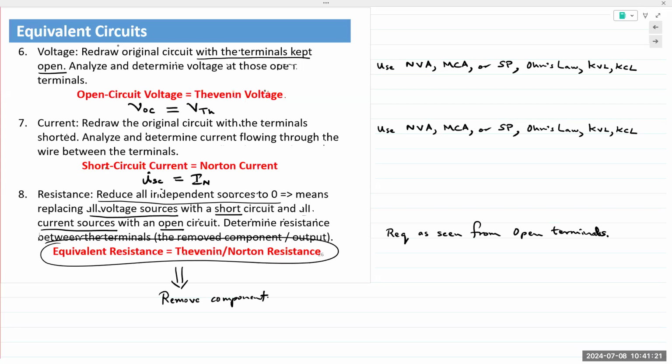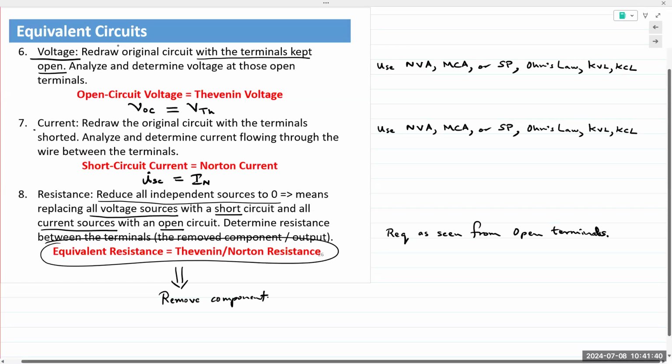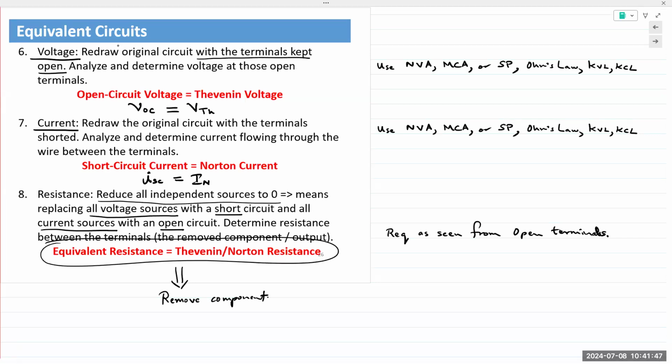Then when you try to find Thevenin voltage, you simply analyze the circuit to determine the voltage between the open pair of terminals. There is no further modification to be made. Please note that for Thevenin voltage and Norton current, you're starting back with the original circuit, meaning all the sources are back in the circuit, which kind of makes logical sense.